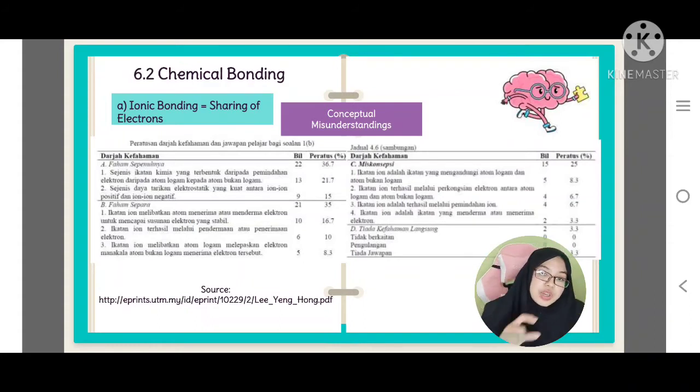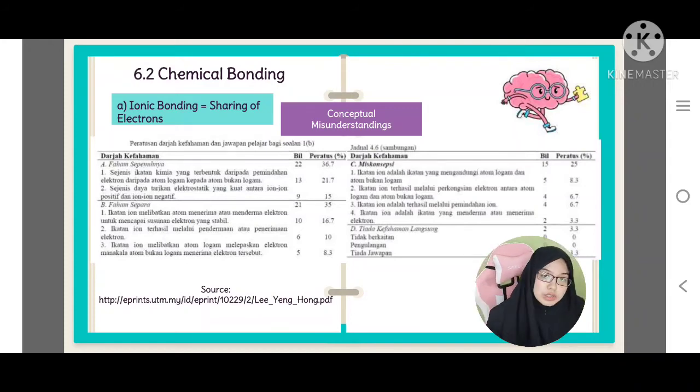So the word sharing is already incorrect. So the main point here is the students are mostly confused that ionic bonding is either sharing of electrons or transferring of electrons.